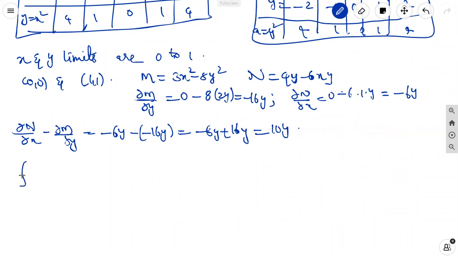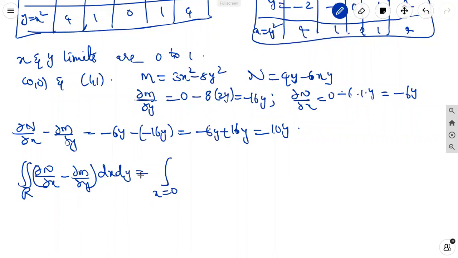So we take the double integral over R of (∂N/∂x − ∂M/∂y) dx dy, which equals the integral with x limits from 0 to 1.